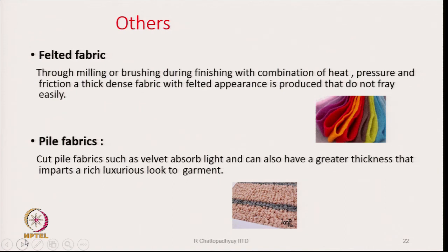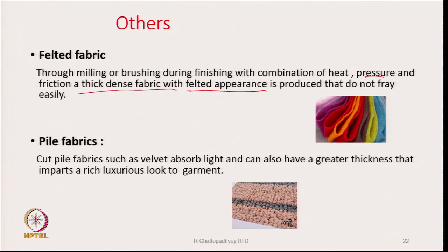Other fabric types are felted fabrics. Through milling and brushing during finishing, with a combination of heat, pressure and friction, thick dense fabrics will give you a felted appearance. So, a dense fabric with felted appearance is produced that does not fray easily. Generally, they are produced from wool fibers, because the wool fibers have scales.